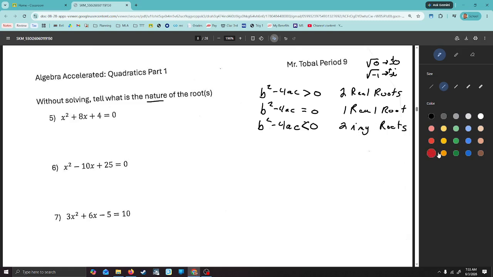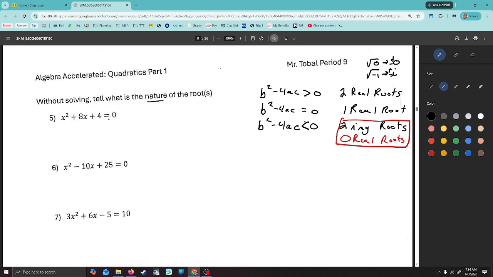Now, I'm going to be fair. I don't remember if I taught it to you as 2 imaginary roots or 0 real roots, because these 2 things are technically the same. Officially, it's 2 imaginary roots, so we're going to stick with that. But I might have taught it as 0 real roots. In a multiple choice, it would be 2 imaginary roots, okay?